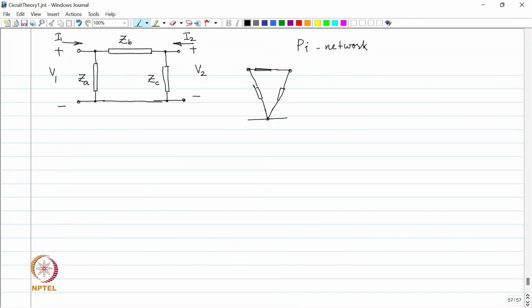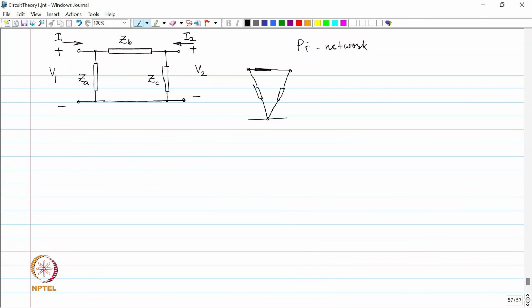Right. Now, it looks like a pizza pie, right, a triangle, not a triangle, it looks like a pie from the pizza. So, that is why it is called a pi network.